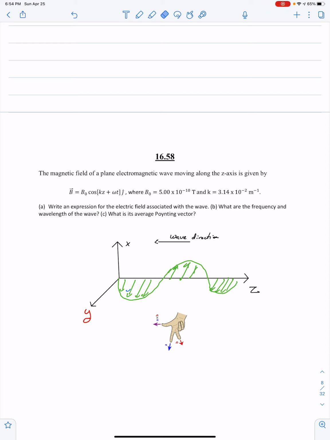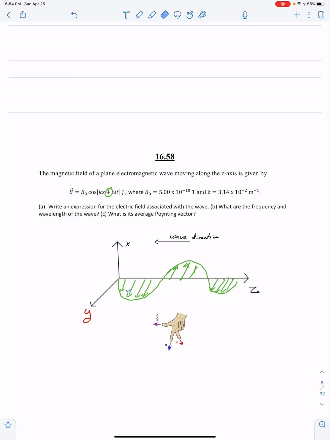Now we have to identify the direction of the electric field. And look at the symbol right here. It is positive. Therefore the wave direction, just like I put here, is actually going in the negative direction.